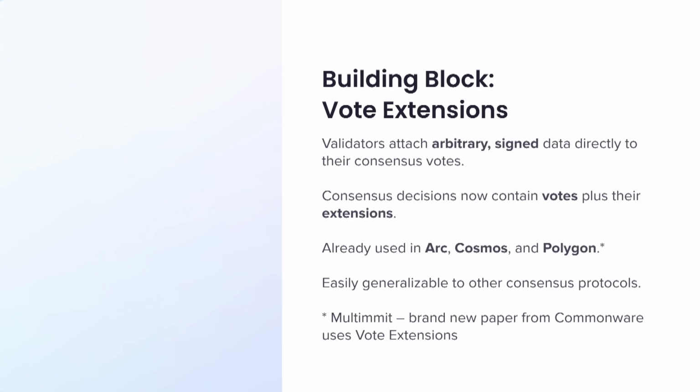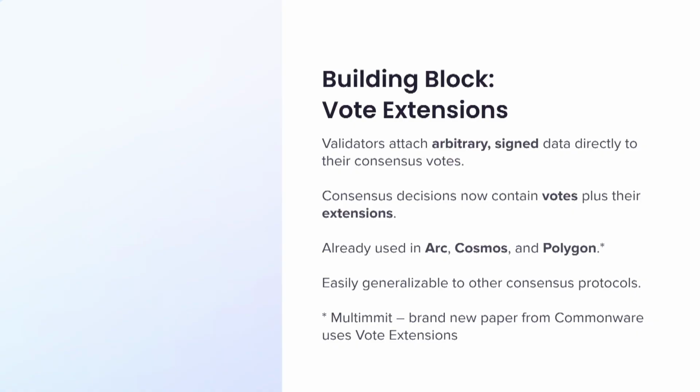So these consensus decisions now not only include the votes, as they do in every standard protocol, but also include the vote extensions. And the signature is important here because if you have a malformed vote extension, then that nullifies your signature as well.